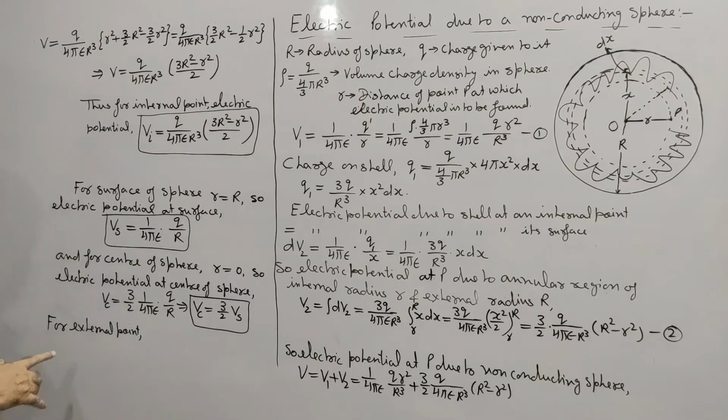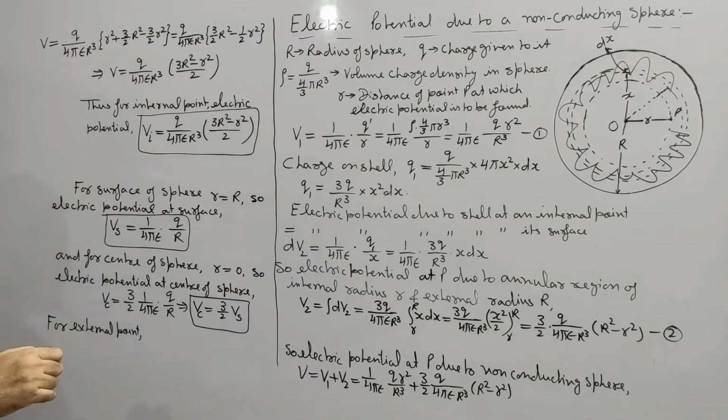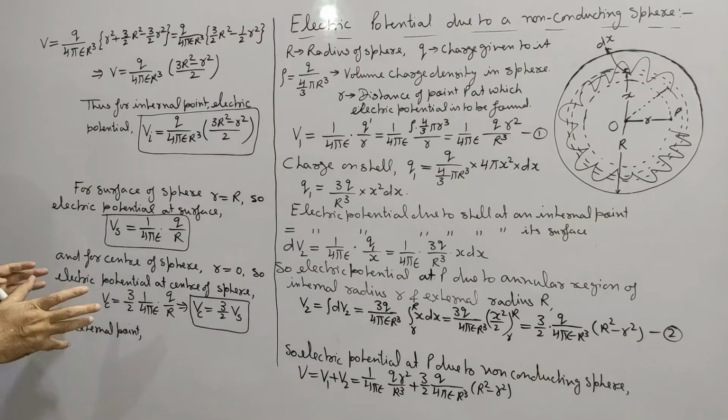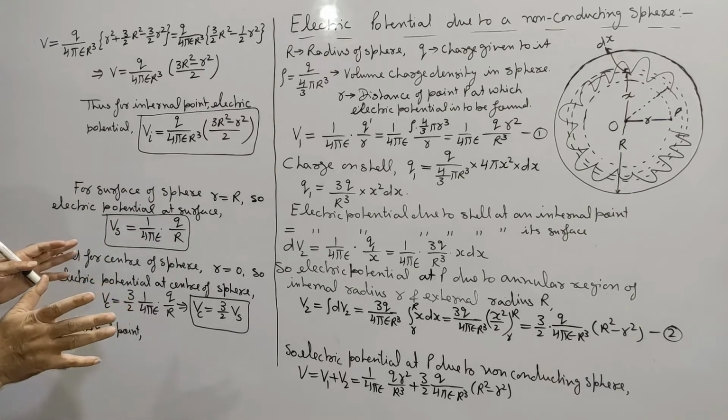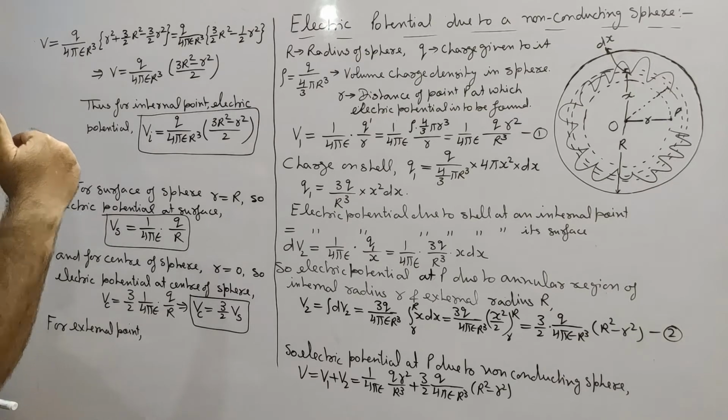If we come to an external point, then like for a point on the surface of the sphere, we can again assume that the total charge of the sphere is concentrated at the center, and it behaves like a point charge.